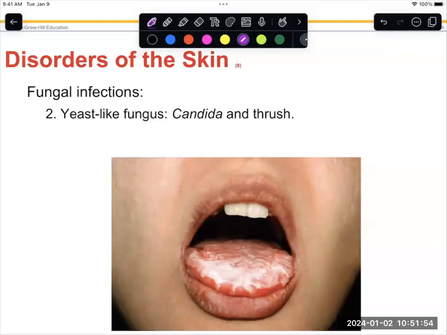It's seen a lot of times in infants who are bottle fed, patients who are on chemotherapy, and patients who use asthma inhalers and don't rinse their mouth afterwards can develop this thrush. They usually get this white kind of hair-like growths on their tongue and their palate, so that back of their mouth.